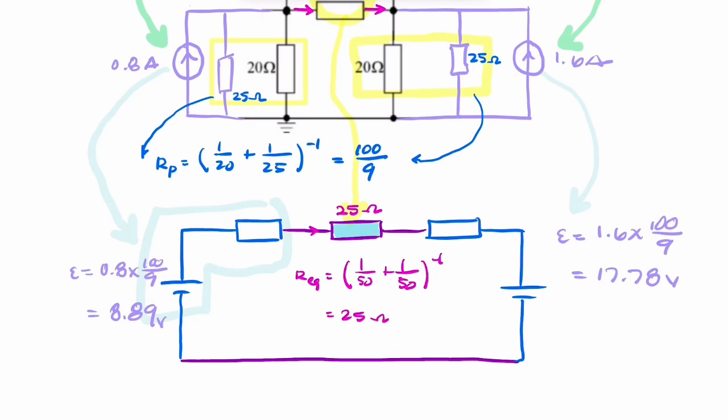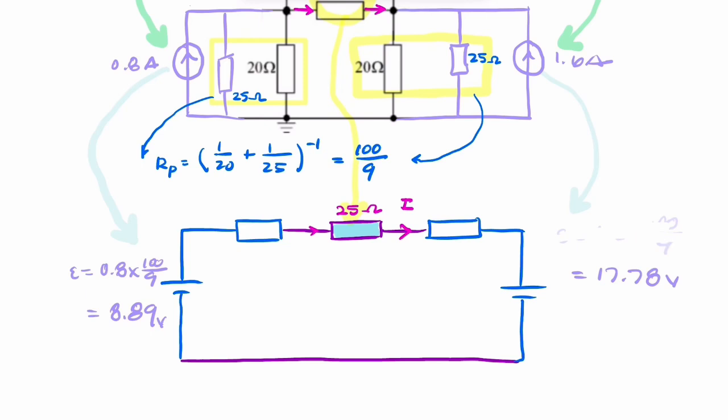And I've made the arbitrary decision that the current is going that way, so clockwise around the circuit, so from left to right through the 25 ohm resistance. That could be wrong, but it doesn't matter. That's my initial choice. If it turns out to be negative, then we know that the current is going in the opposite direction.